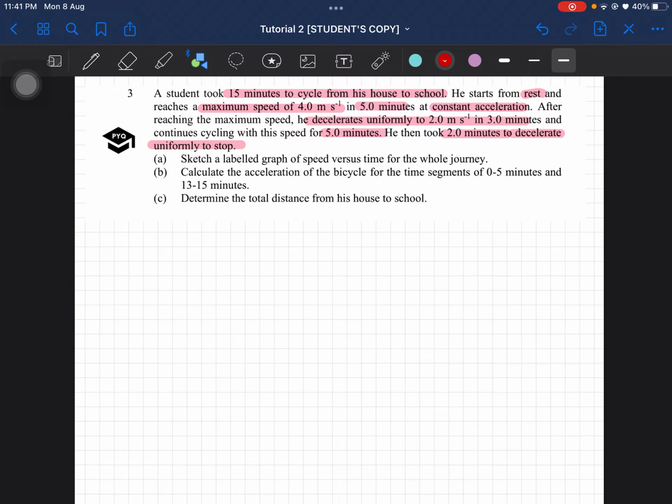the y and x axis. Okay, so that's the y axis and we have the x axis. So it took him 15 minutes, so I can do 2, 4, 6, 8, 10, 12, 14, 16.